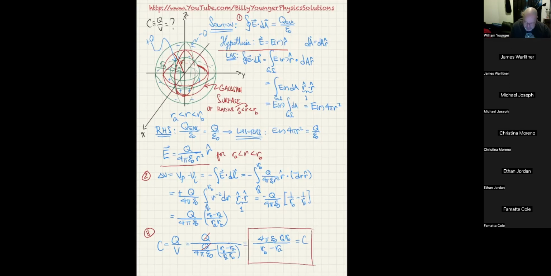And that's it. We now have completed a typical problem, starting with Gauss's or Coulomb's law and solving for the capacitance. Does anyone have any questions on this one before I start another one?